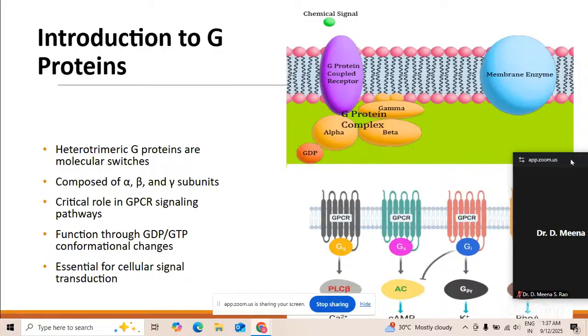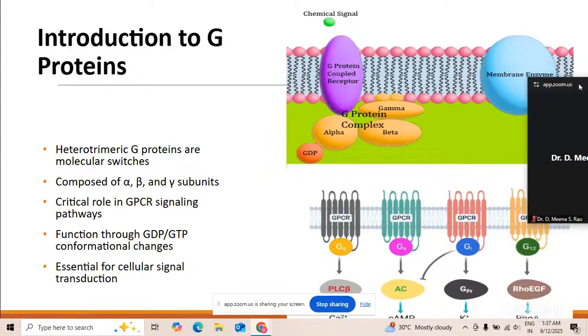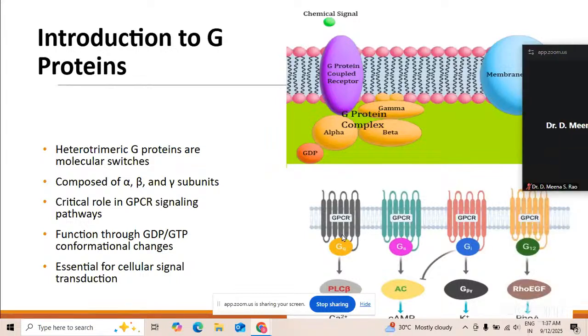In the picture below, the different roles of G protein coupled receptor with different classes of G proteins are depicted, which give rise to different types of secondary messengers and the pathways forward.